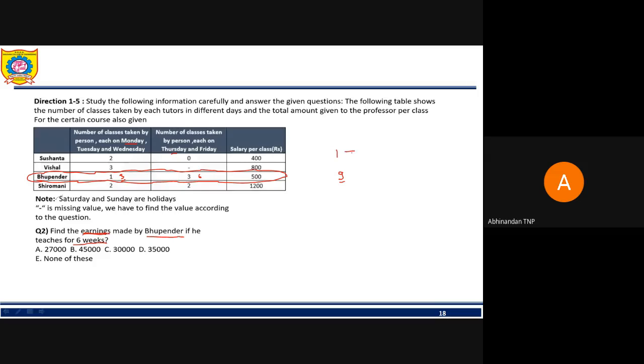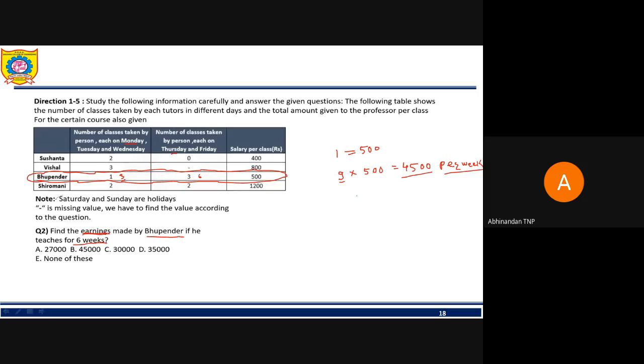So for one lecture it is 500. So 9 into 500 it is 4,500 rupees per week. Okay, so per week it is 4,500.